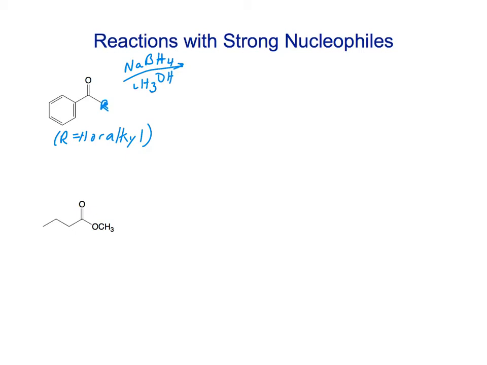The alcohol, but it depends on the substitution. It depends on whether this R group is H or alkyl, whether it's going to be primary or secondary. So we're going to end up with an alcohol. So this is a reduction reaction.